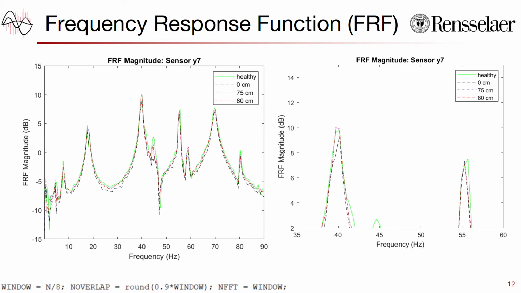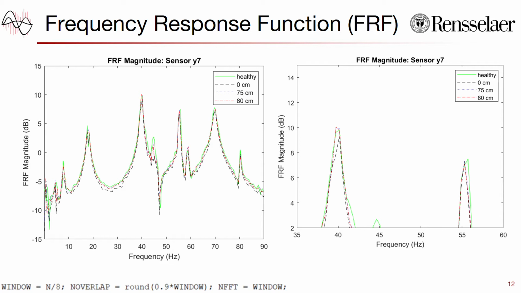I did the same thing for the frequency response for sensor Y7. This one isn't as apparent in the change from the healthy to the possible damage locations, and this is most likely due to, again, the position of sensor Y7 on the horizontal stabilizer, so it's taking the output from the horizontal stabilizer with respect to the damage locations on the right wing.